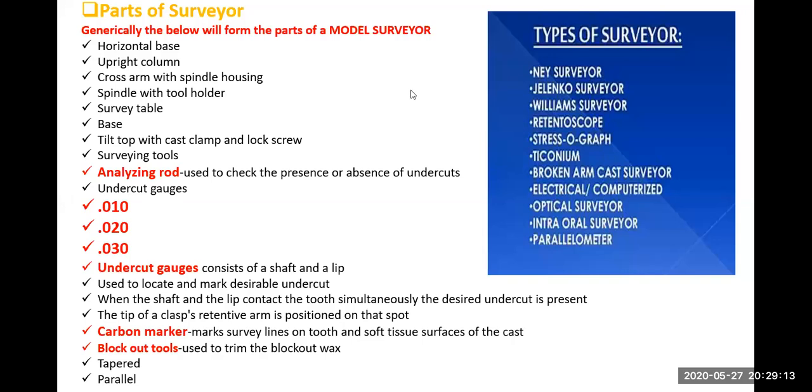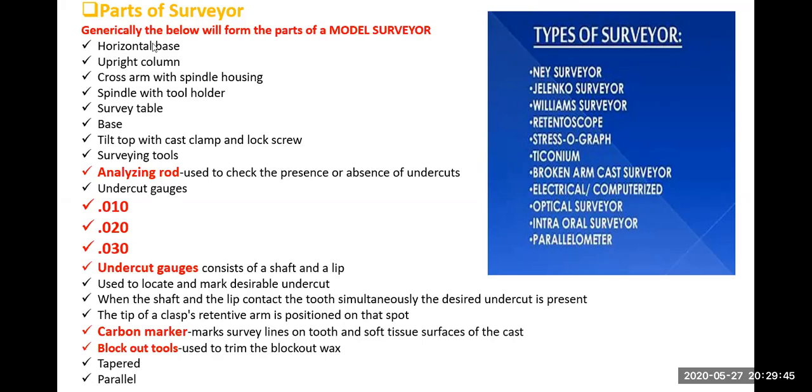Now, if you look at types of surveyor here, we have Nail surveyor, Jelenko surveyor, Williams surveyor, retentoscope surveyor, stressograph surveyor, zirconium, broken arm cast surveyor, electrical computerized surveyor, optical surveyor, intraoral surveyor, and parallelometer. So you see that there are different types of surveyor.